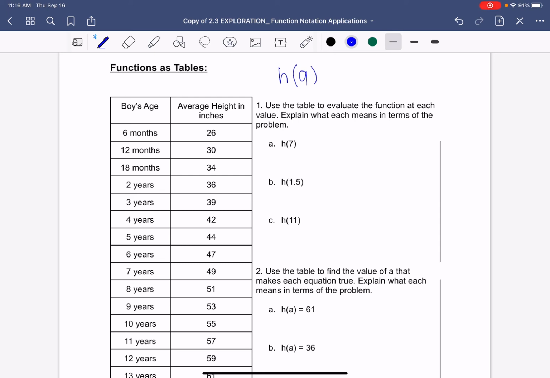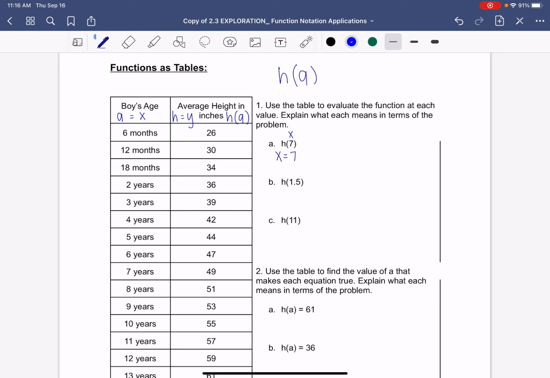So here's our function. The boy's age is our x, and his height is our y. So this is the height at the age. Because I have h of 7, I want to know how tall he is when he is 7 years old. So x equals 7.